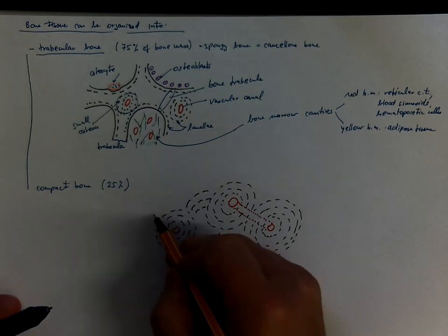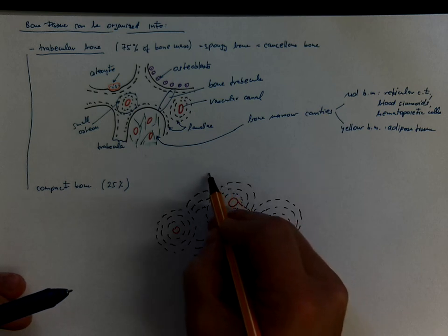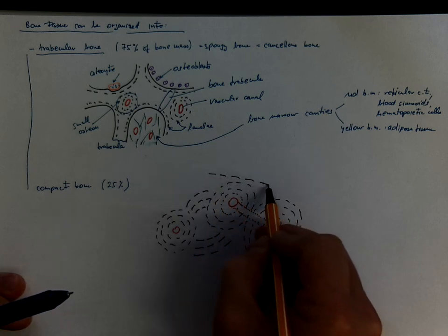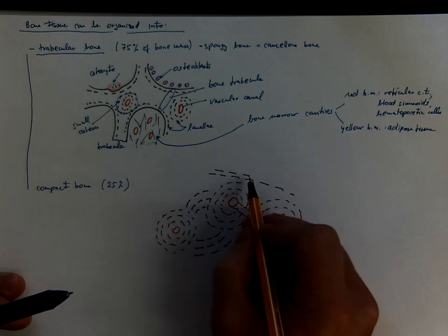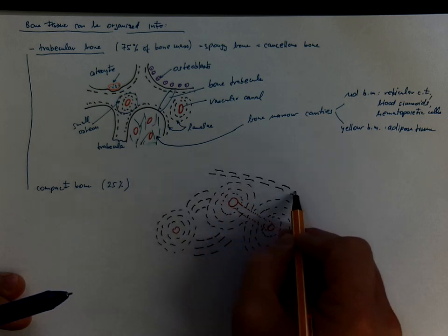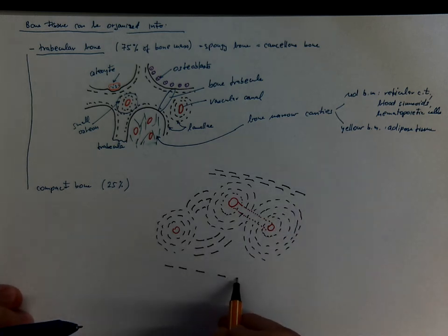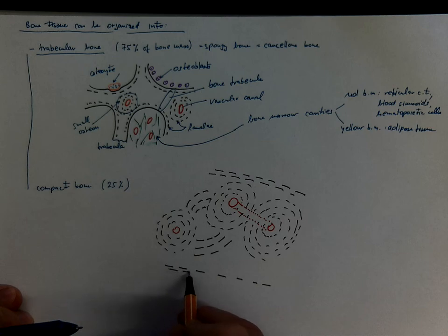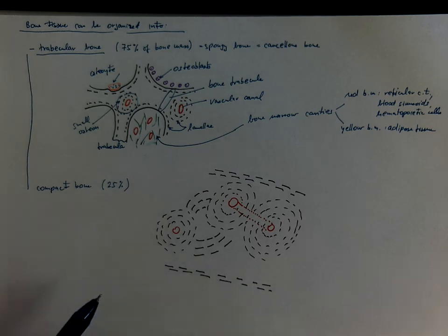As you go closer to the bone surface, there are circumferential lamellae on the outer side, and there are circumferential lamellae on the inner side of the compact bone that run parallel to the surface of the bone.